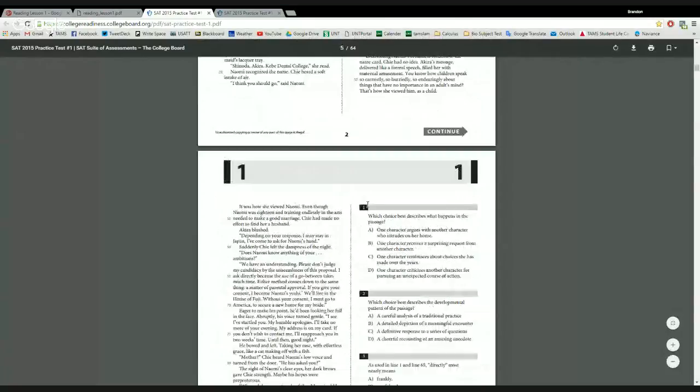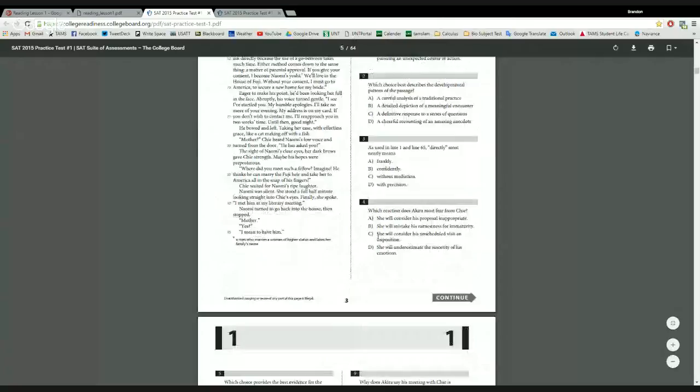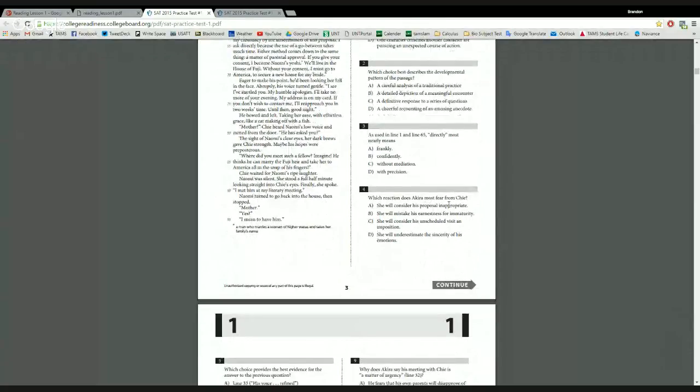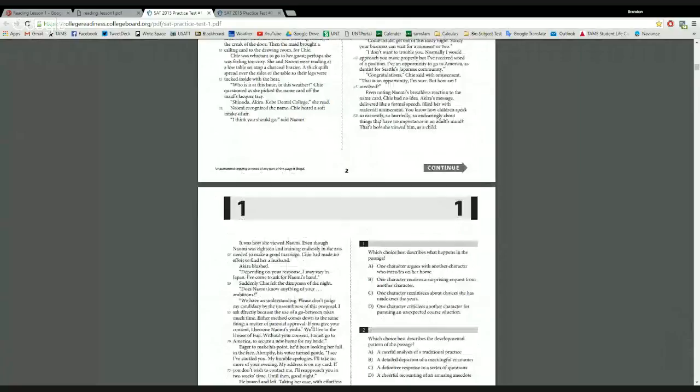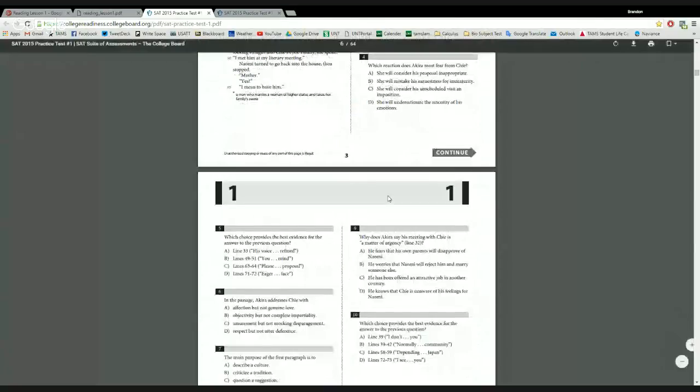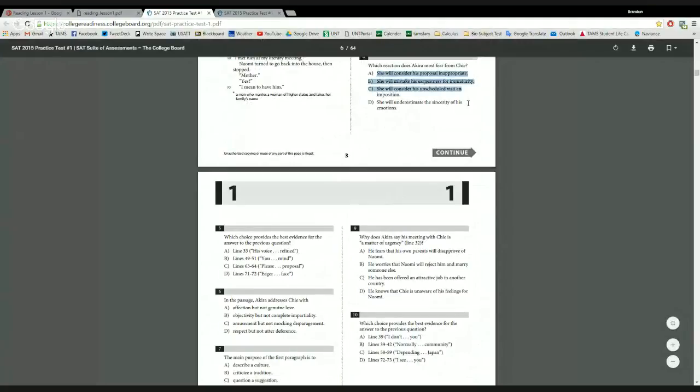Does this say anything about what Akira fears from She? No, it doesn't, so that's incorrect. 49 to 51. You know how children speak so earnestly, so hurriedly, so nearly about things. This doesn't apply to anything, so that is incorrect as well. It does not fit anything either.